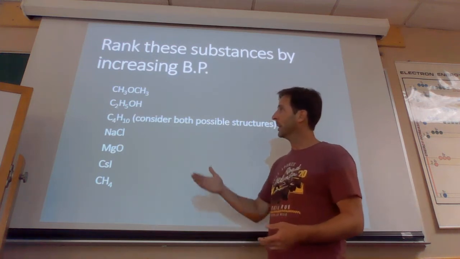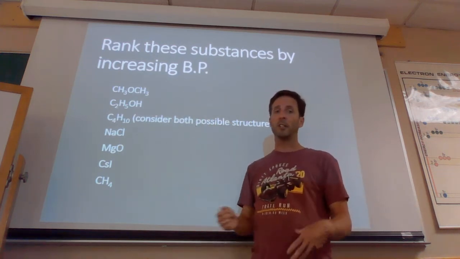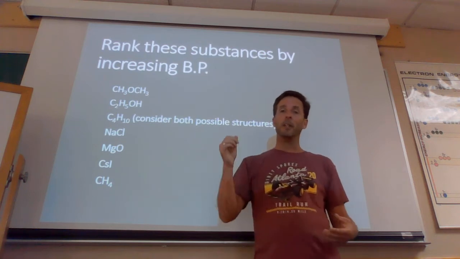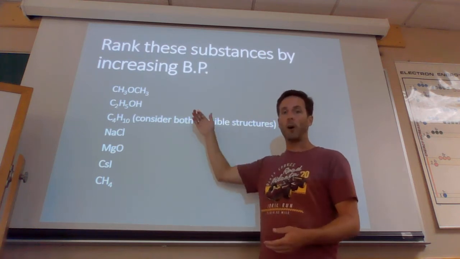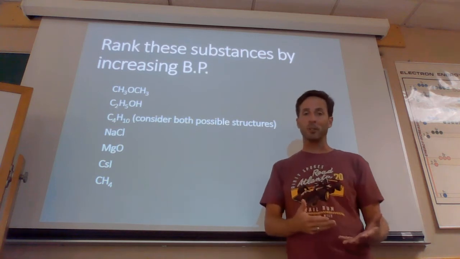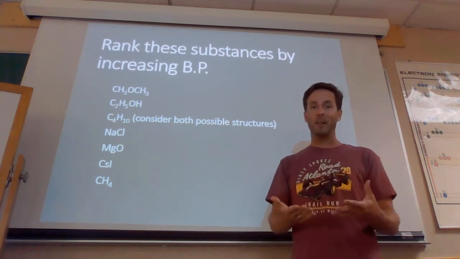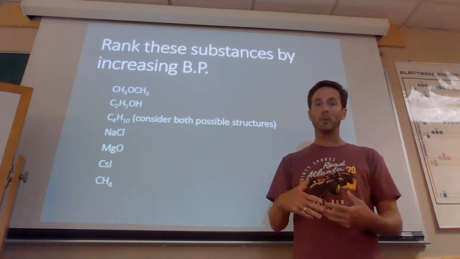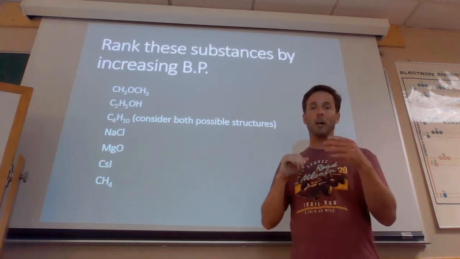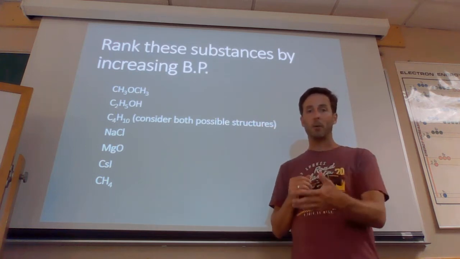So, if you're going to do this, first of all, you need to draw the molecules out. Stop the video if you need to, and draw out all these molecules so you can see what their structures look like. Then we need to classify them and determine which ones are going to be ionic, hydrogen bonding, London forces, or dipole-dipole forces.